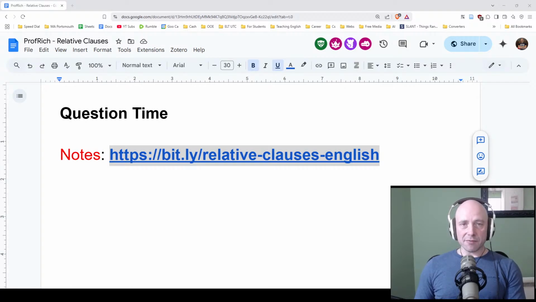Remember that a noun phrase is just two or more words which act as a noun and refer to a thing or group of things. And when we have the defining relative clause, then that forms part of the noun phrase. That's really critical to understanding it.